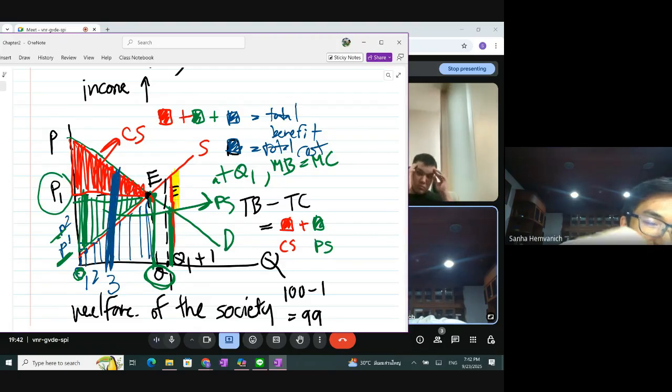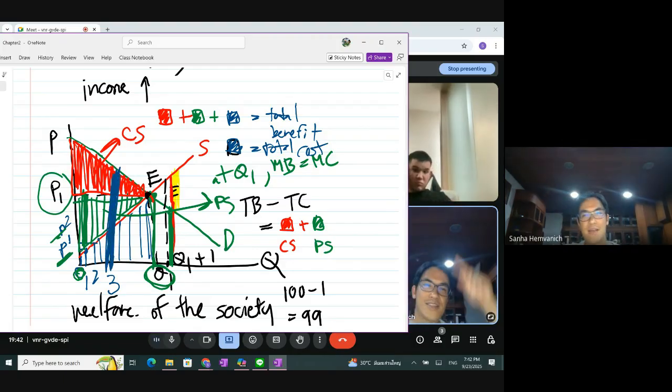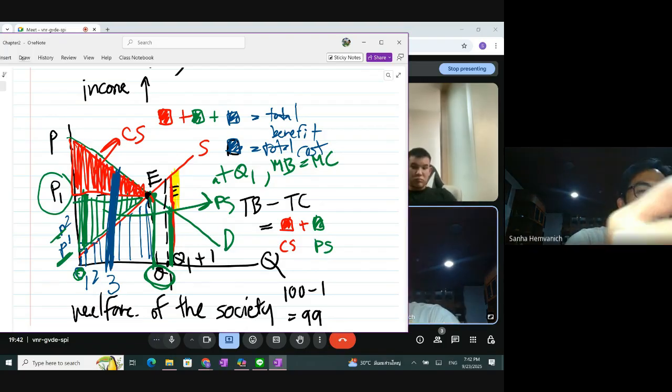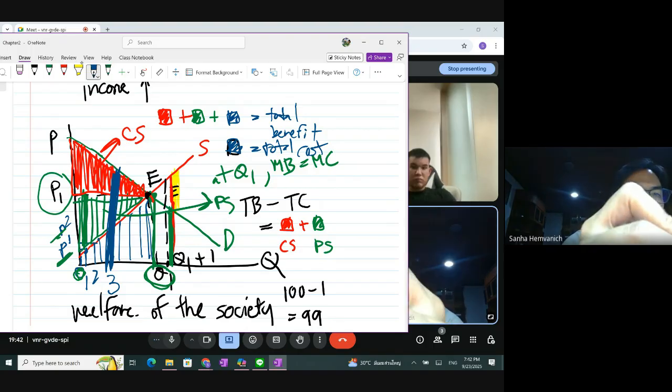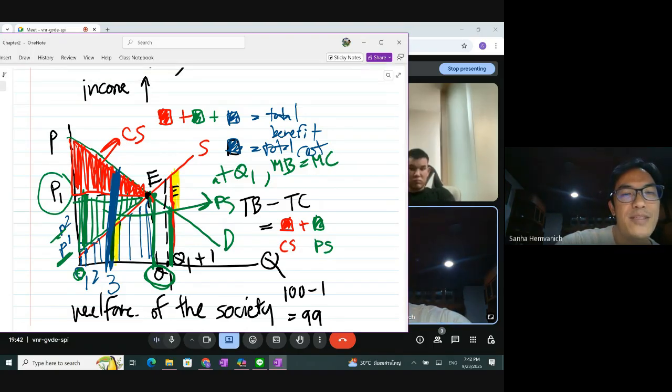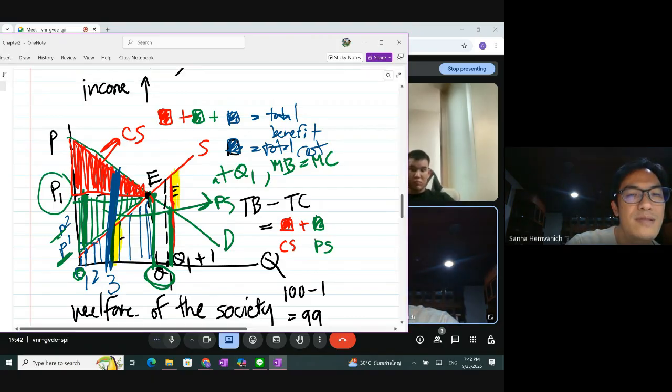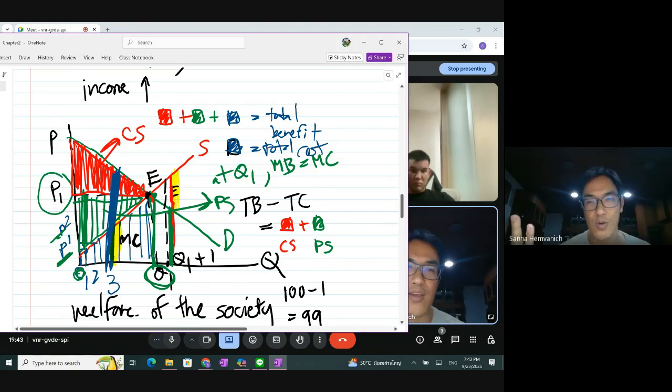Let's say that this line represents 3 units. So part of this line, this part, up until the supply curve, this is the marginal cost at 3 units.